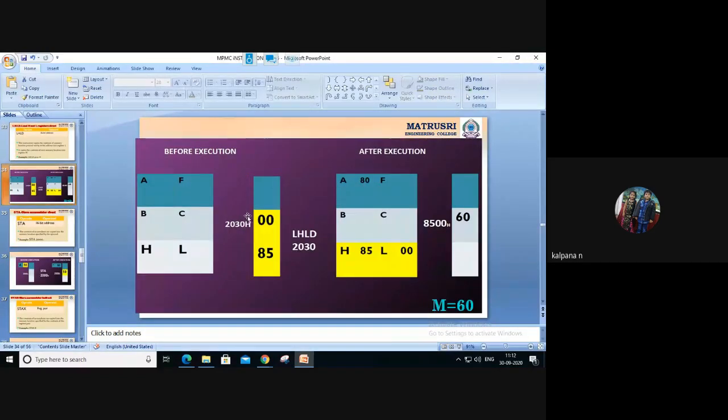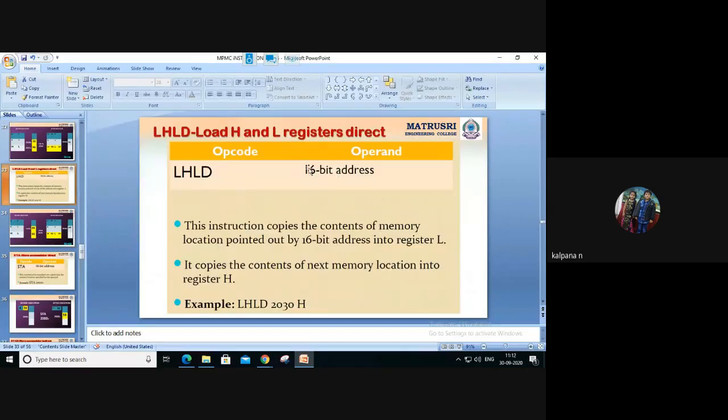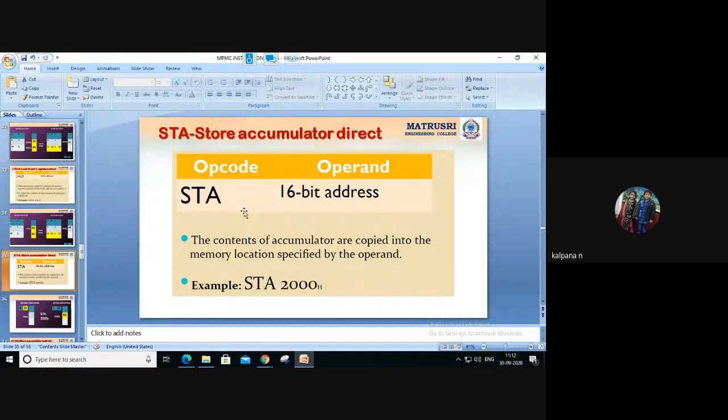In the earlier case we were moving 16-bit data to the D register or HL. But in store, it is reversed: first we mention the destination, next the source. So from A to 2000H we are moving.